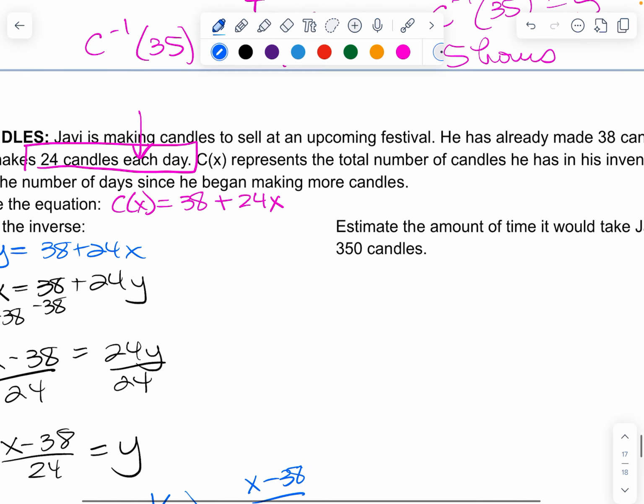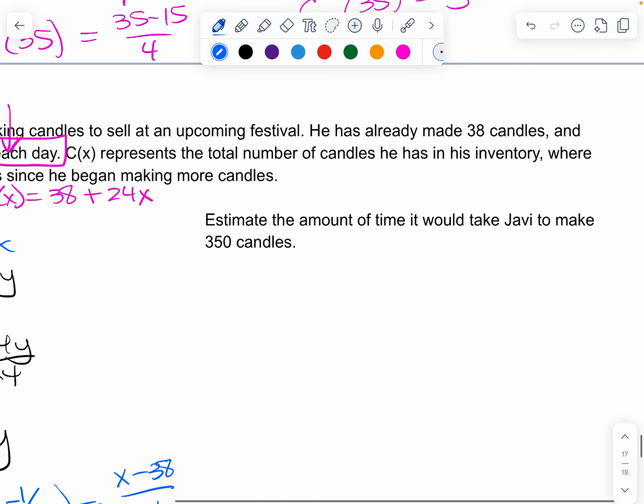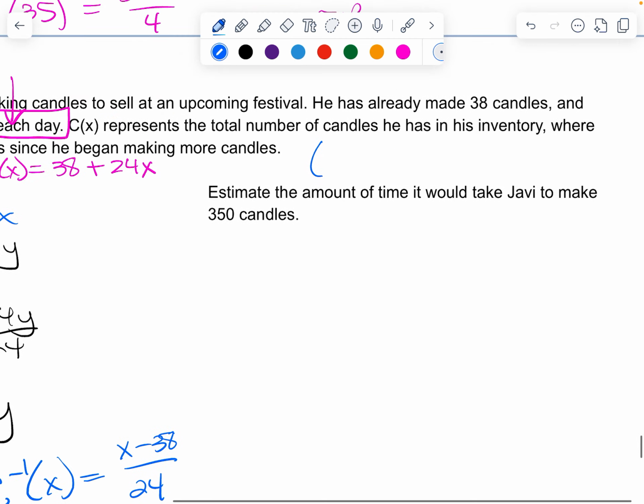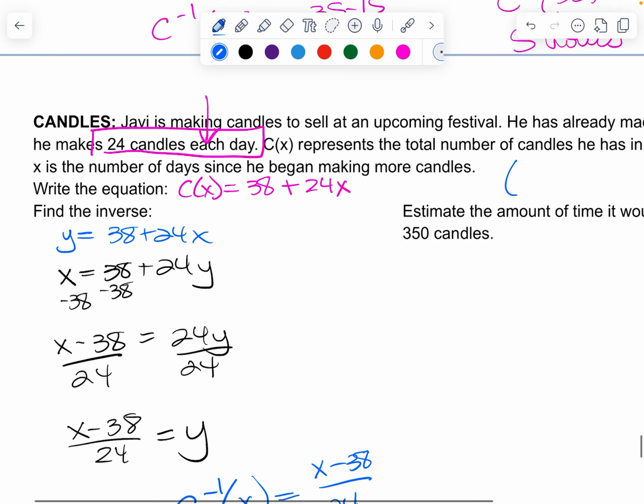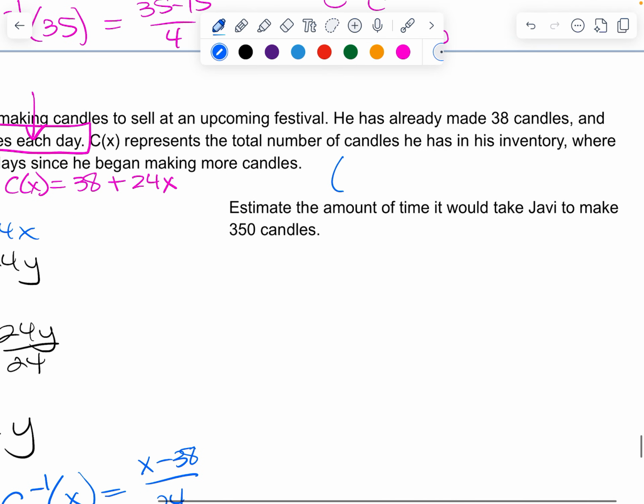Now we've switched this around. X, when we first started, was the number of days. So Y now is the number of days.